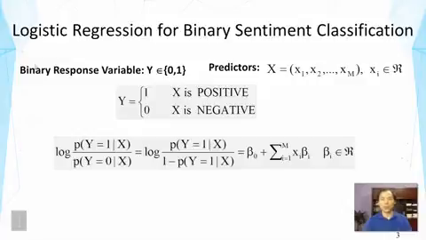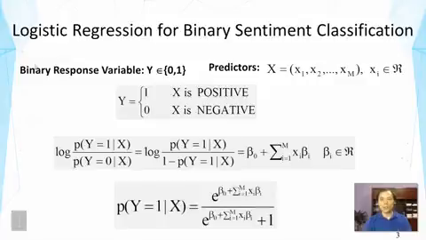You may recall that in logistic regression, we assume the log odds of the probability that Y is equal to 1 is assumed to be a linear function of these features, as shown here. So this would allow us to also write the probability of Y equals 1 given X in this equation that you are seeing on the bottom.